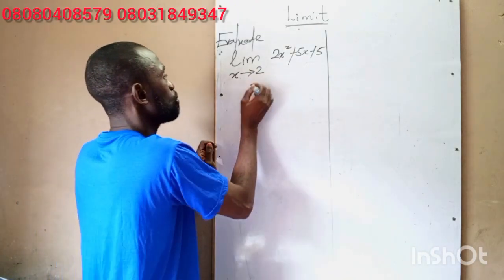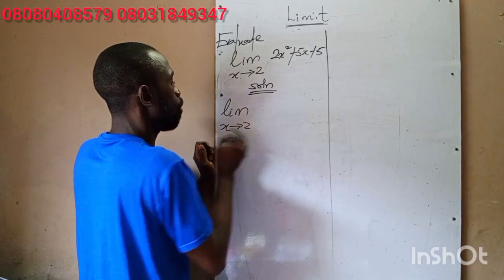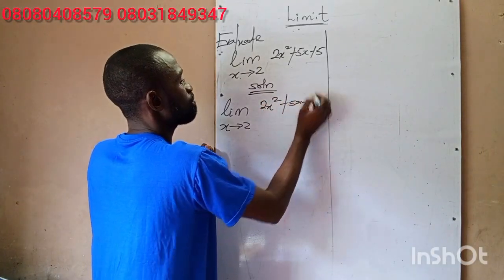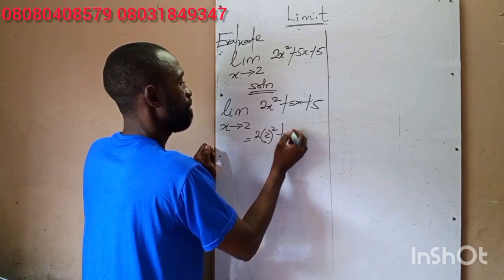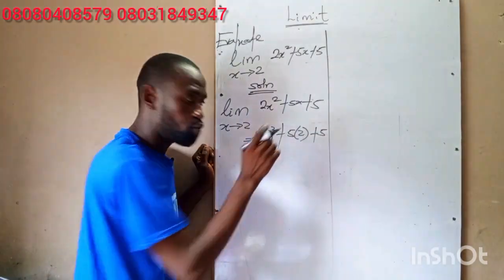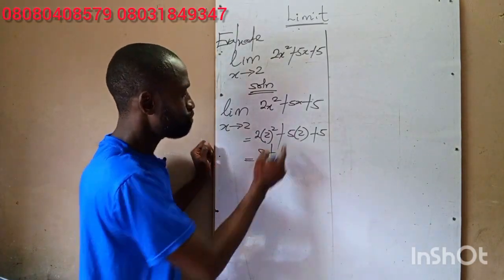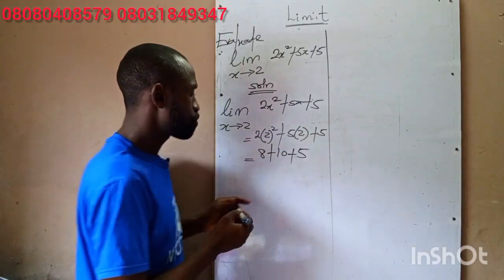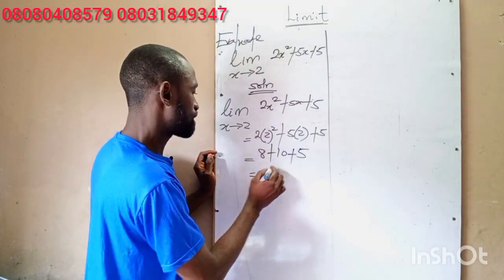So here, what will be our solution? The limit as x tends to 2 of 2x squared plus 5x plus 5 becomes 2 times 2 squared plus 5 times 2 plus 5. 2 raised to the power 2 is 4. 4 times 2 gives us 8, plus 2 times 5 is 10, then plus 5. 8 plus 10 is 18. 18 plus 5 gives us 23.